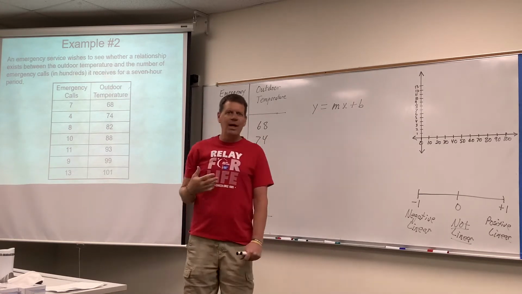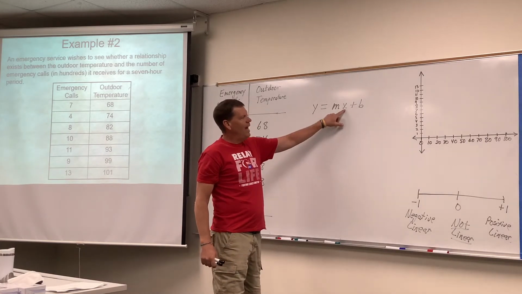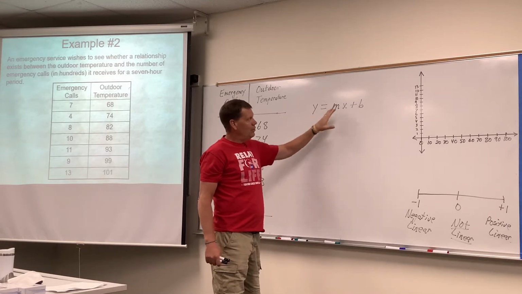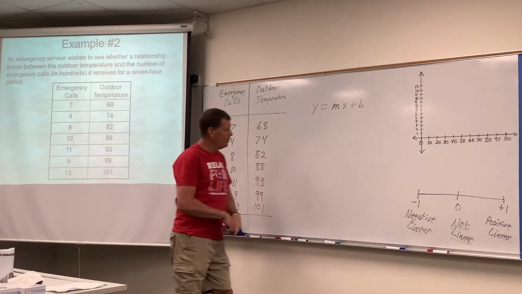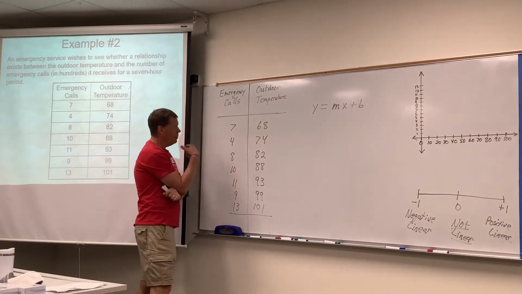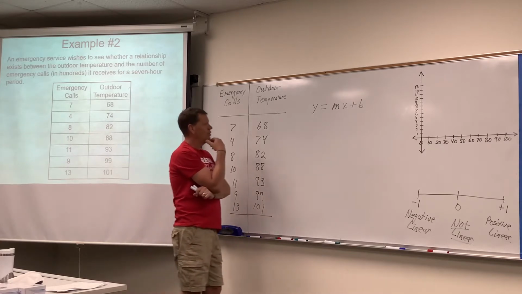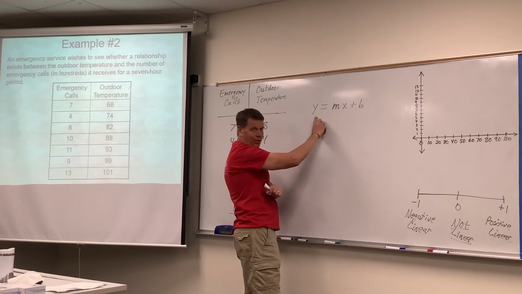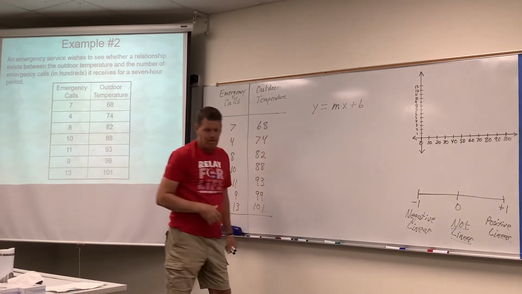I want to take you back to example number 1. We used a person's absences to predict their grade. We used x to predict y. So if you look at this scenario, if you were the manager of that emergency service, what would be the more typical scenario? Use the emergency calls to predict the temperature, or use the temperature to predict the emergency calls?